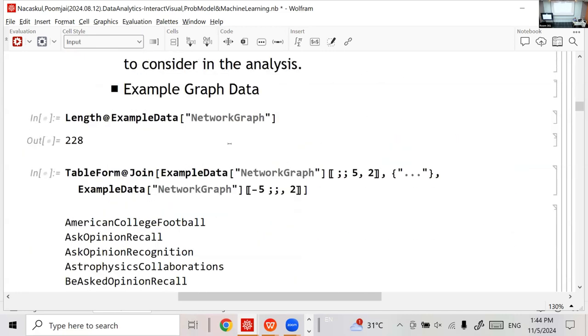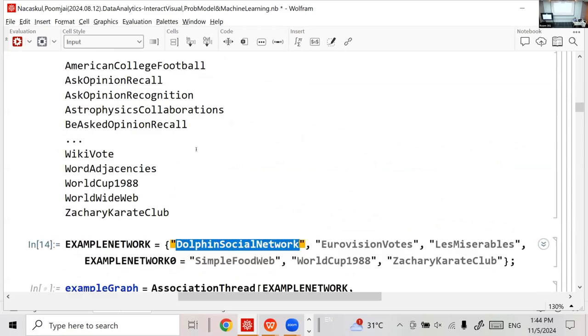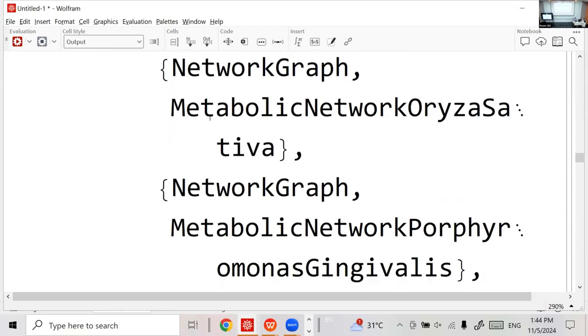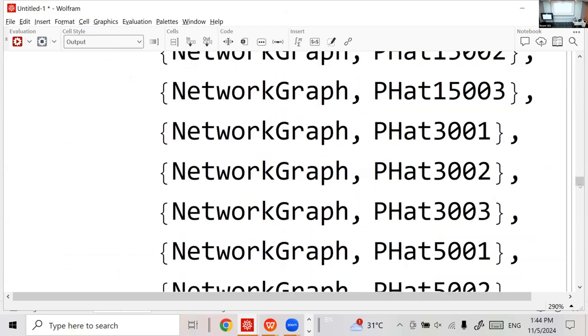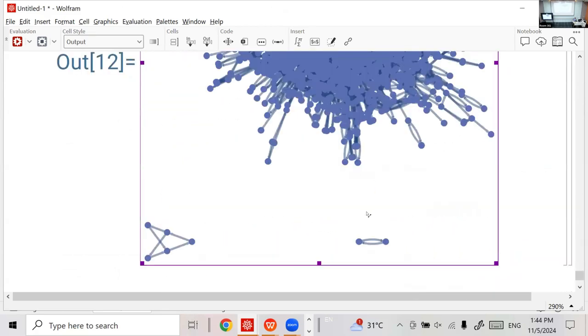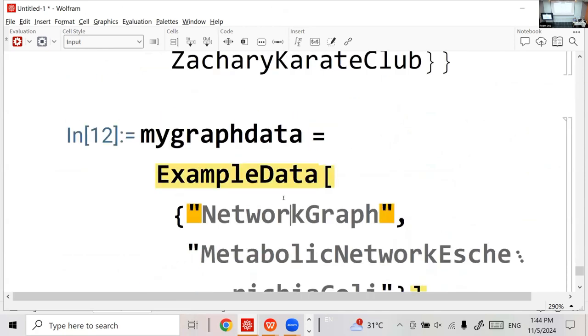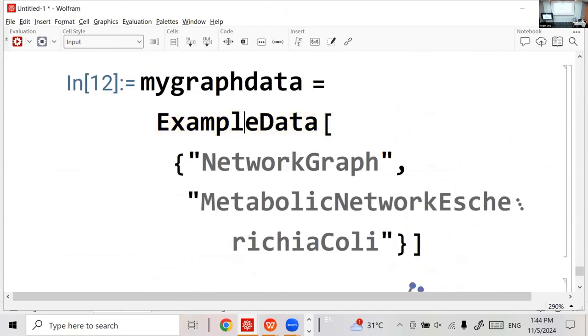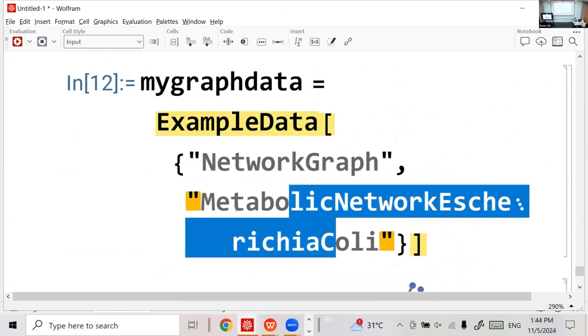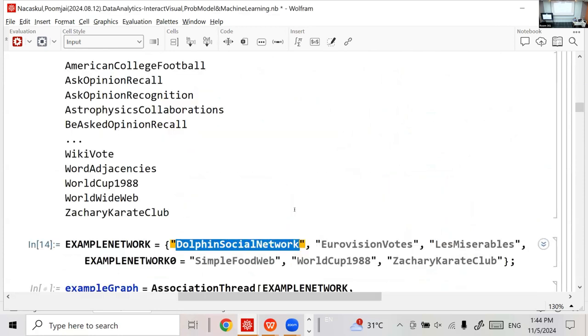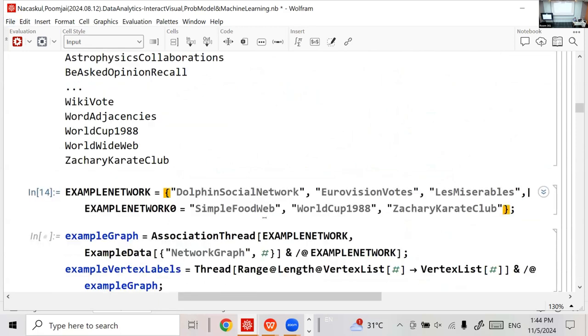Because I can only make a graph if I do this. So example data, network graph. Now all I've got is just names, basically. I just look up names.